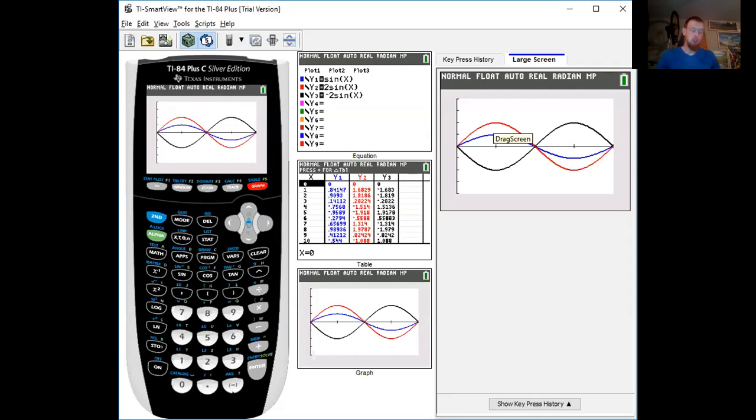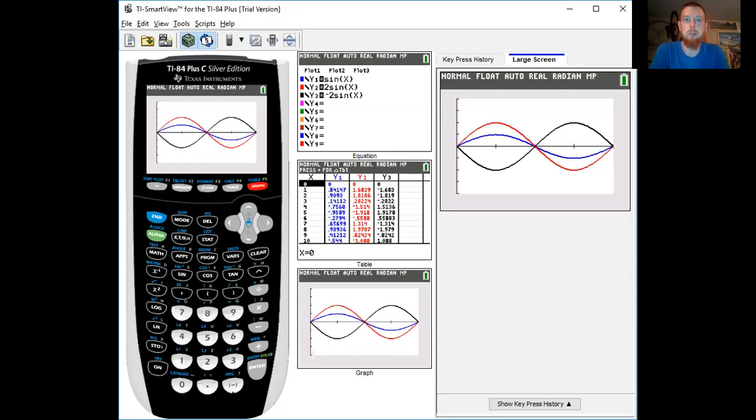So that's all that you need to know about how to transform sinusoidal functions. The next thing that we're going to do is look at those 3 example problems in the PDF entitled Sinusoidal Notes. We're going to go through those 3 problems, make sure that you understand how to do those.